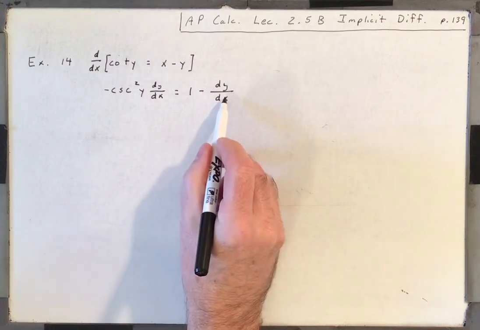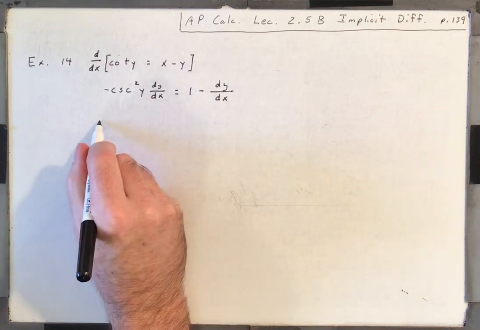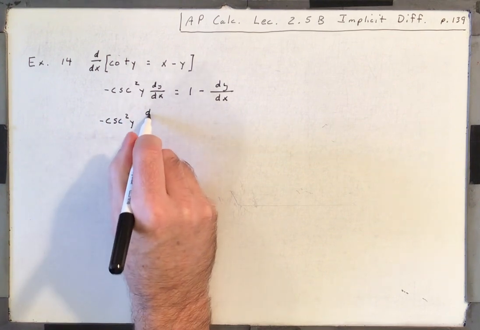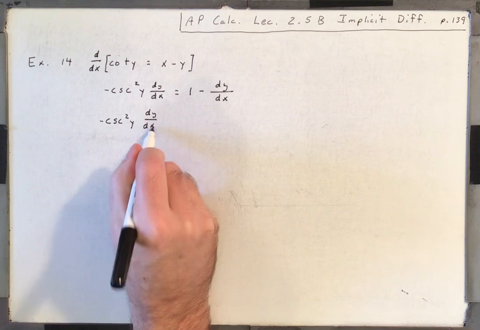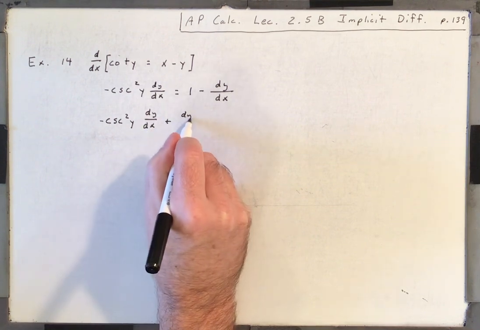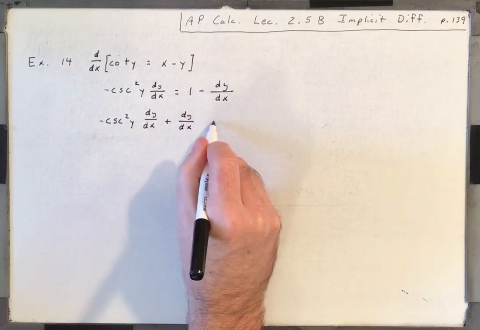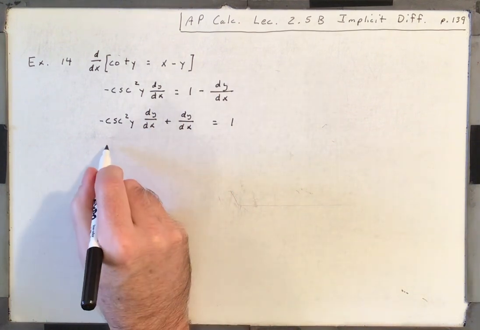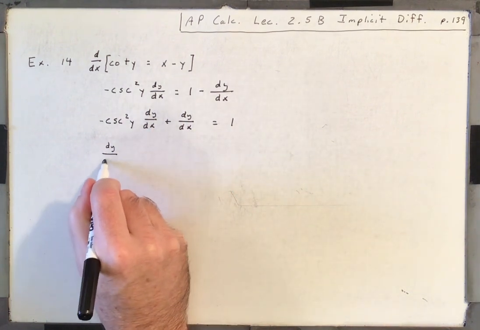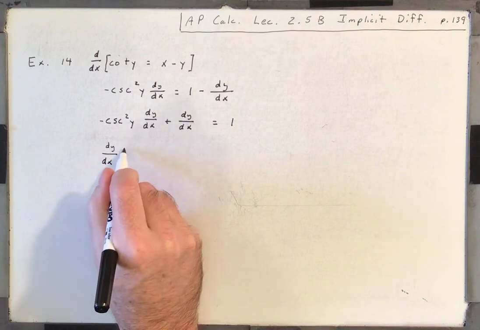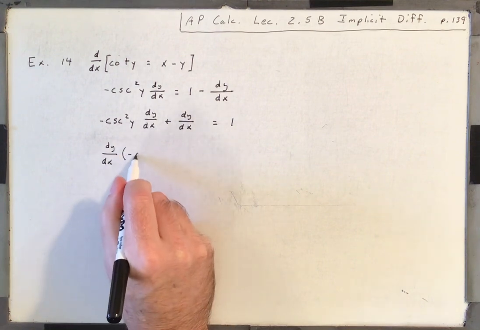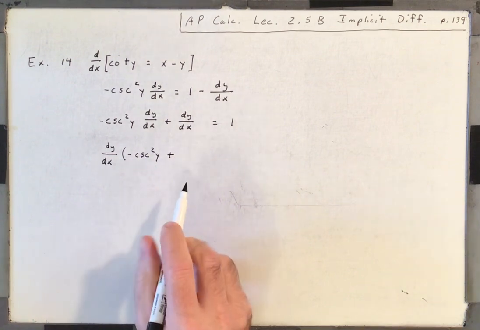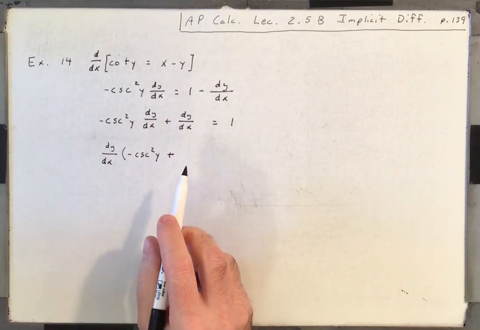Now let's move that dy dx over to the left. So we'd have minus cosecant squared y dy dx plus dy dx is equal to 1. Let's factor out a dy dx, and what you'll have is negative cosecant squared y plus, this is something that students forget all the time.